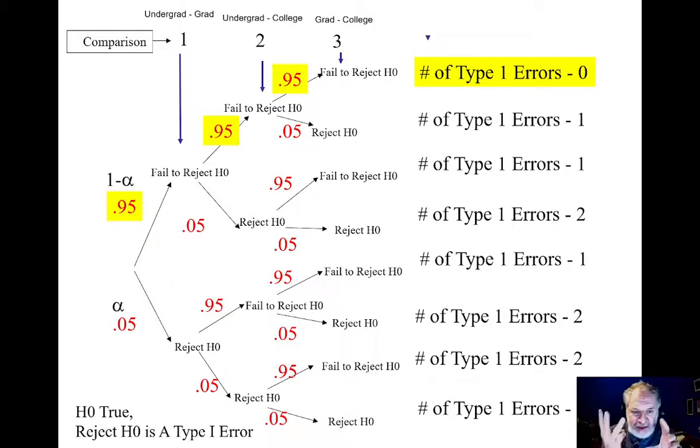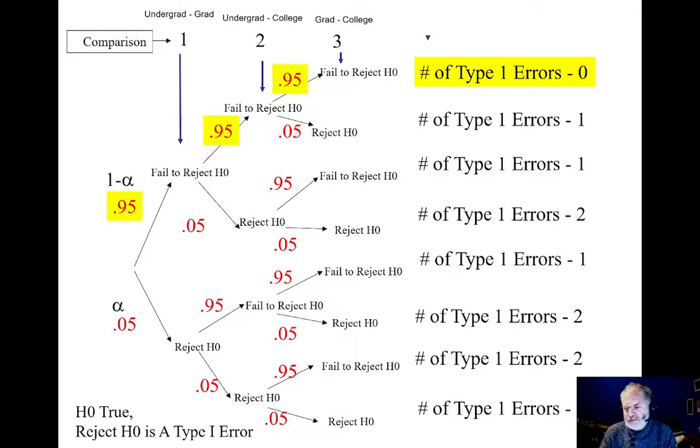So I'm running 3 inferential tests. Now, assume that the null hypothesis is true for each comparison. There is no difference between the undergrads and grads. There is no difference between the undergrads and the college. And there is no difference between the grads and the college.